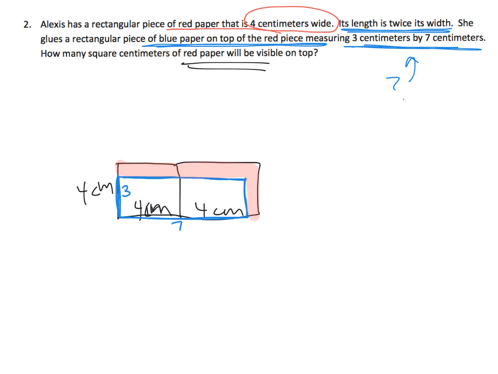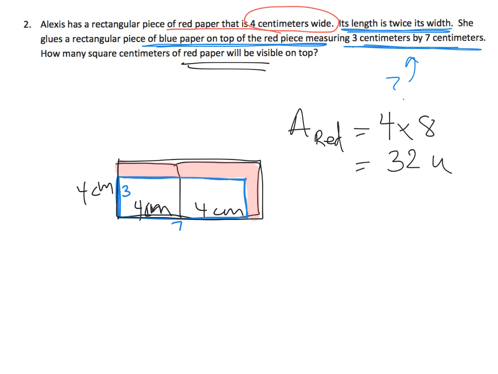So one way to do that would be to find the area of the big rectangle, and I think that was red. So the area of the red rectangle is 4 times 8, which is 32 units squared. Actually, it's going to be centimeters squared, but I'm going to call it units squared. That's okay.